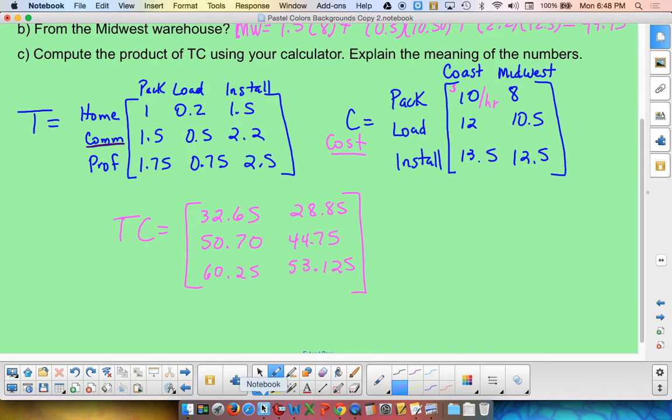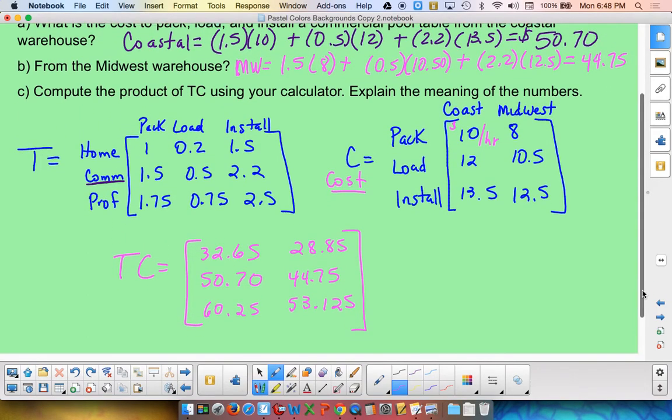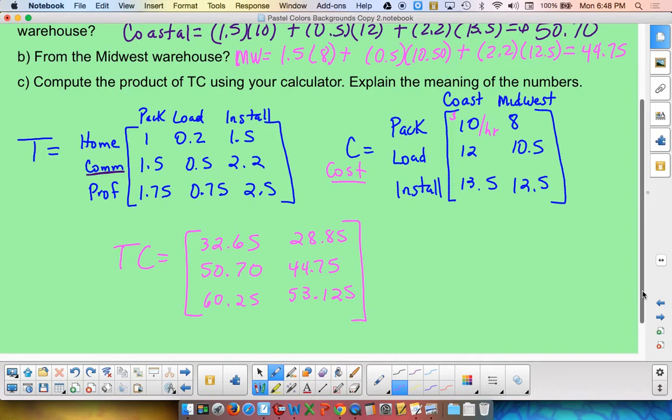Now, the bigger question is, what on earth do those numbers mean? They're random numbers, and that's the problem I have with people catching what it actually means when they do these problems.